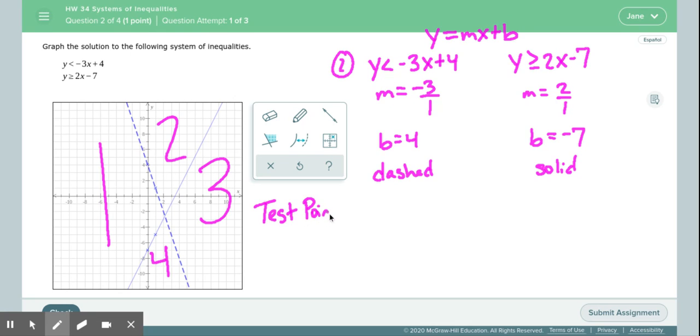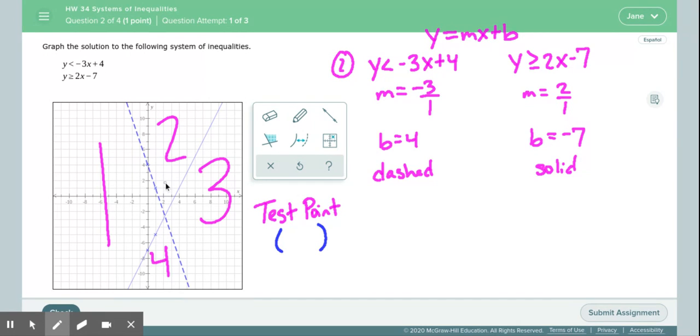We are going to choose any test point that we want, and plug it into the first inequality, and then into the second inequality. We're going to have to plug it into both at some point. What is that test point going to be? It does not matter. You get to choose as long as it's not on any of the lines.